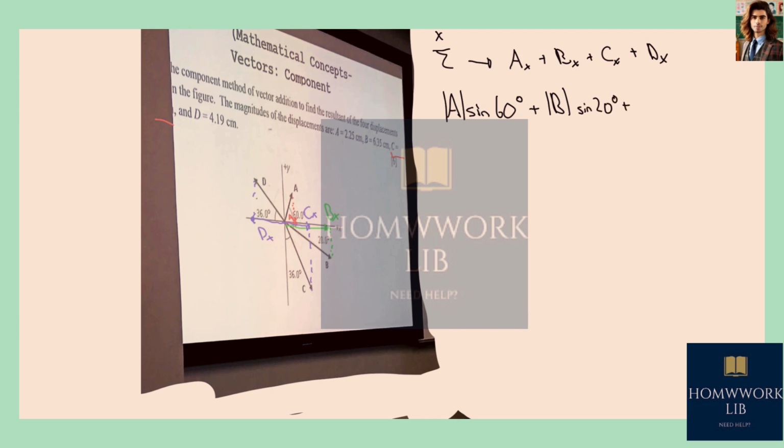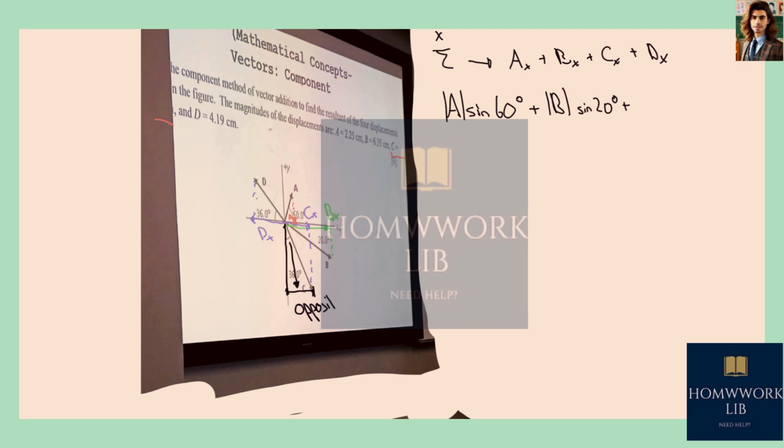Next up, for the C component, now we need to focus on this right triangle. And as you can see, the x component is going to reside as the adjacent cathetus instead of the opposite cathetus. That means that we need to employ the cosine function.